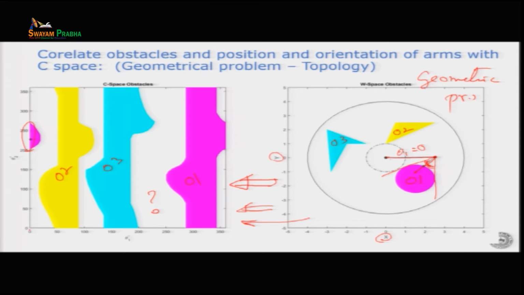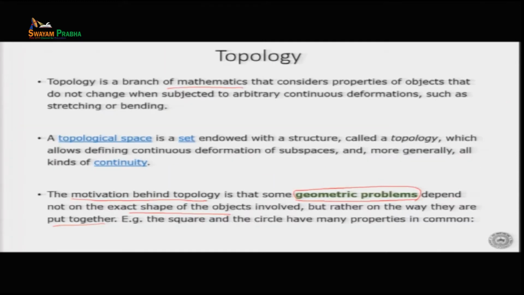So this is a geometrical problem, and that is why we are looking at topology, which is the branch of mathematics that deals with this type of geometrical problem. And what kind of problems? These are objects that do not change when subjected to continuous deformation such as stretching or bending. Now a topological space like a C space is endowed with a structure called the topology, which allows continuous deformations of subspaces and, more generally, all kinds of continuity.